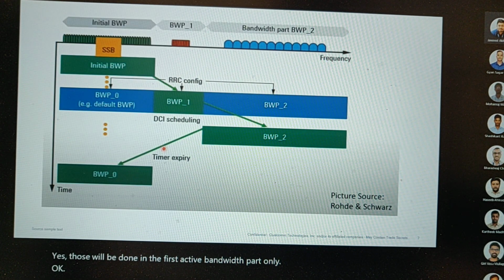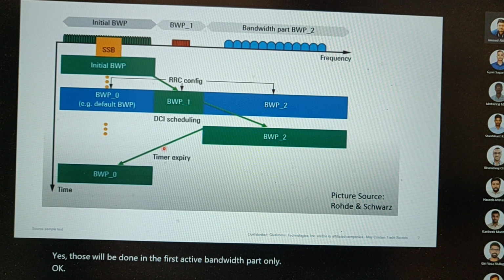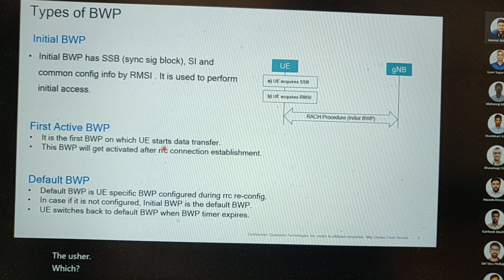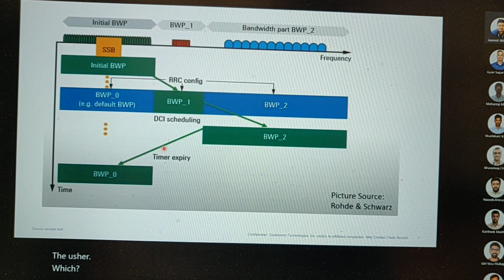One doubt, Shruti. Is it happening in the first active BWP after RRC connection setup? I have a confusion. If we were in the initial BWP only and we got reconfiguration, then based upon an RRC based BWP switch or a DCI based BWP switch, it moved to the active BWP.